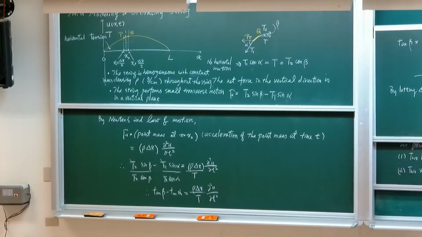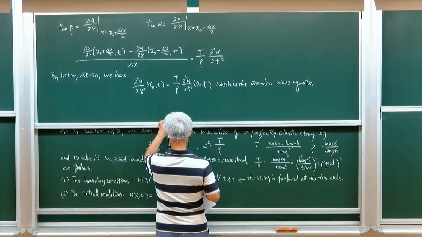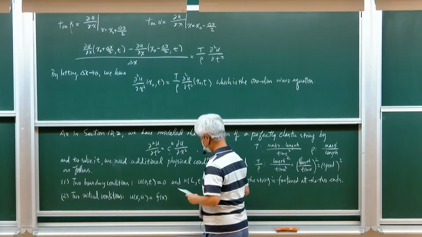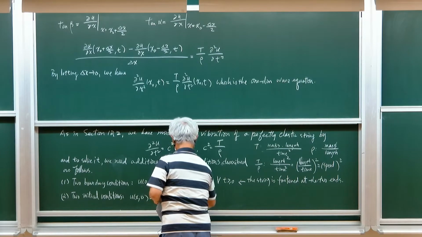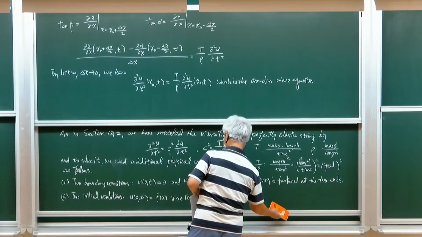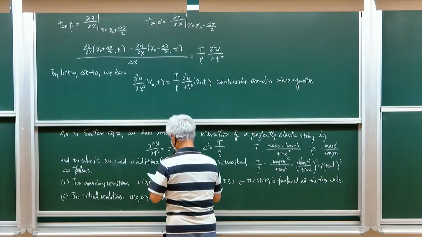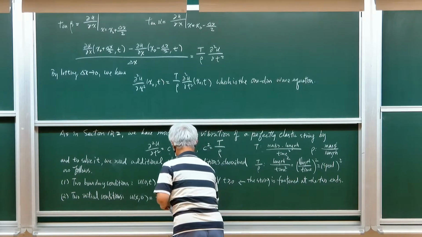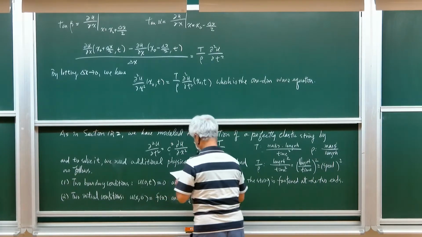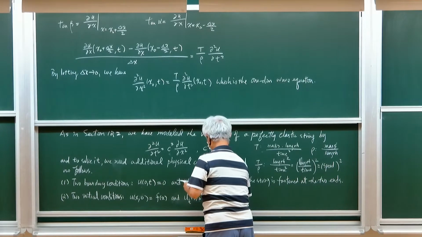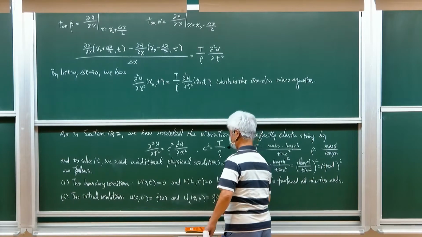Okay. So this function f of x is in the interval. And also the initial velocity, called g of x. Okay.